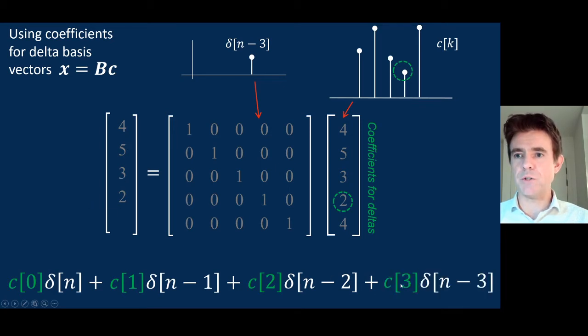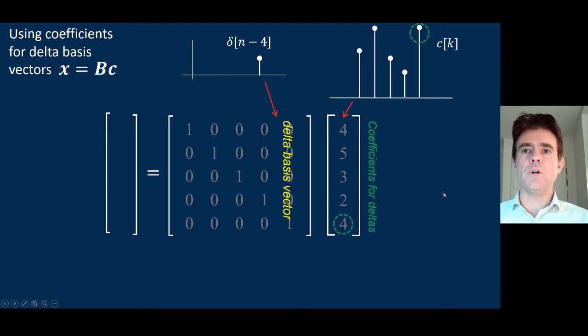And so I'm showing there as well, it's just that value, which is the fourth element, which I'm indexing by 3 here, counting from 0. So c at that index as a weighting factor for the delta function shifted by 3. So this is the delta function here stored in that column vector, shifted by 1, 2, 3.